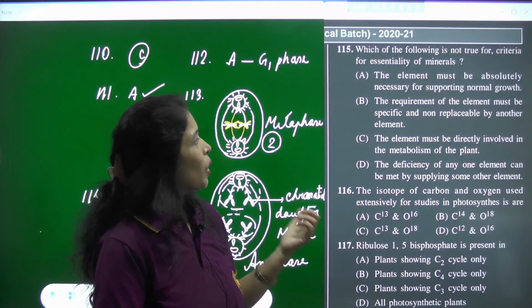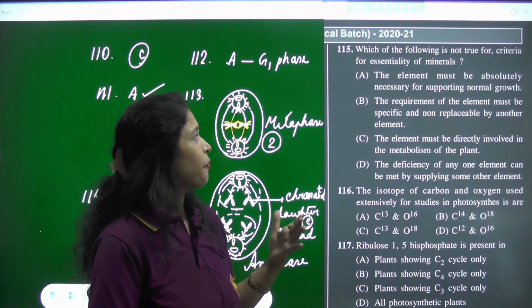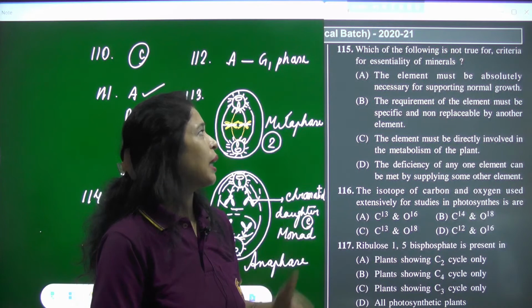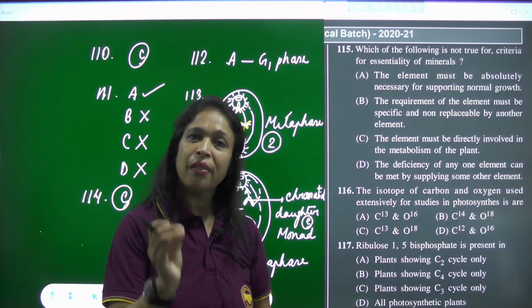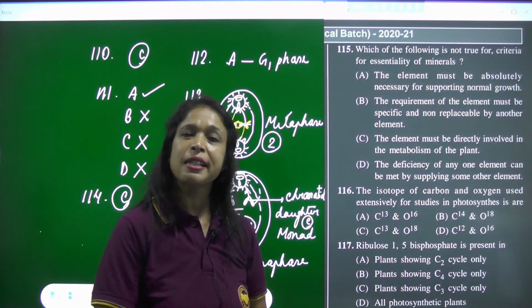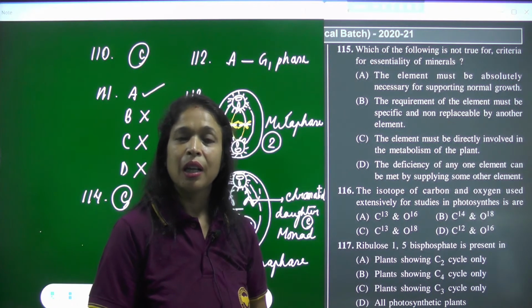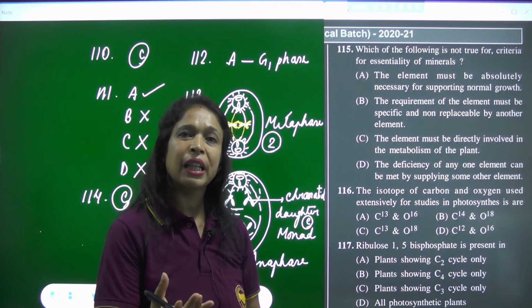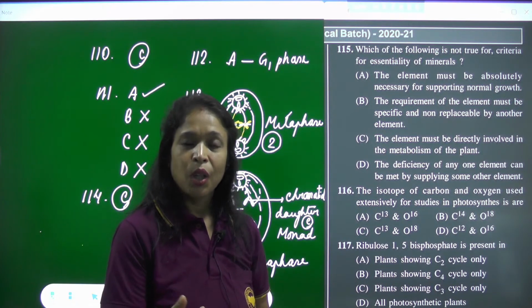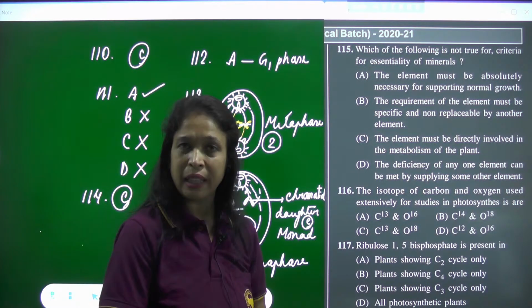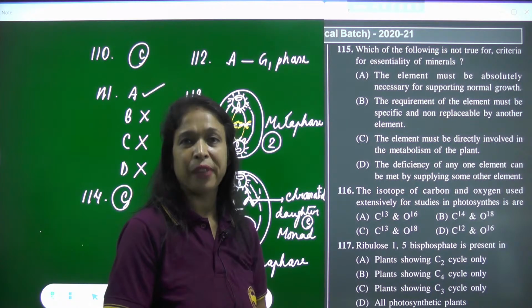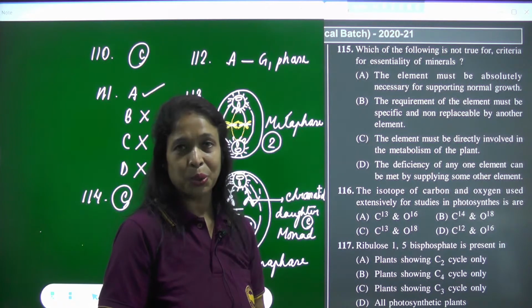Then, the requirement of the element must be specific and non-replaceable by another element, correct? The requirement of the element is very, very specific. It cannot be substituted by another element. Suppose the plant has a deficiency of iron. To meet the deficiency of iron, we cannot add zinc there. It is highly specific. So this is also true.